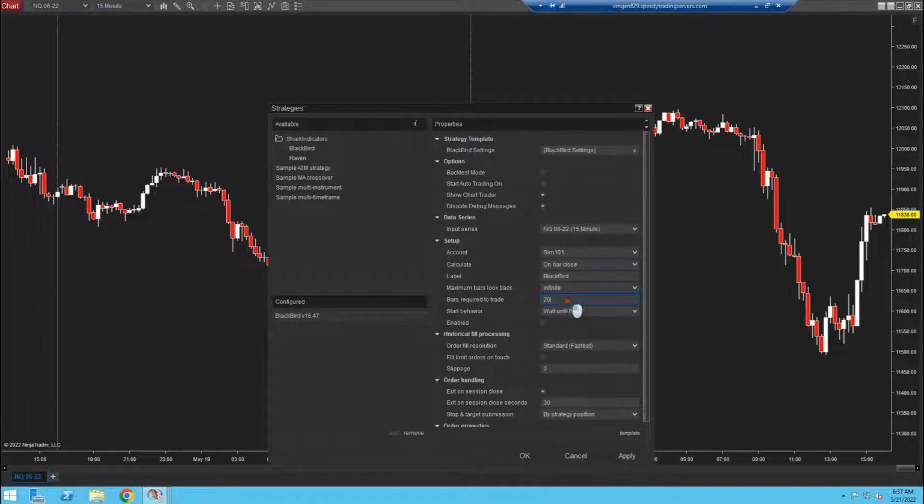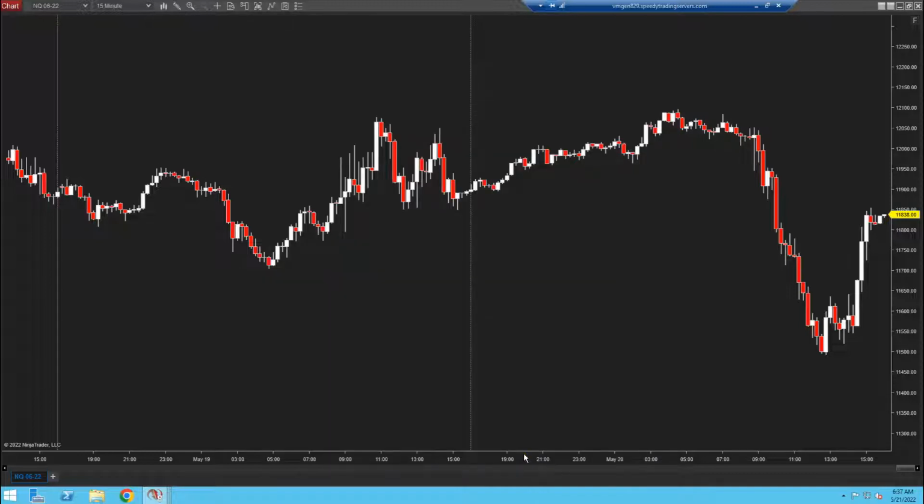So if you change your bars required to trade to 1440 and then select backtest and enabled, that will pull up the Blackbird.